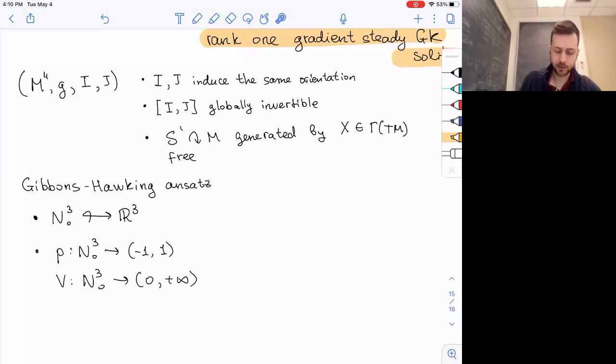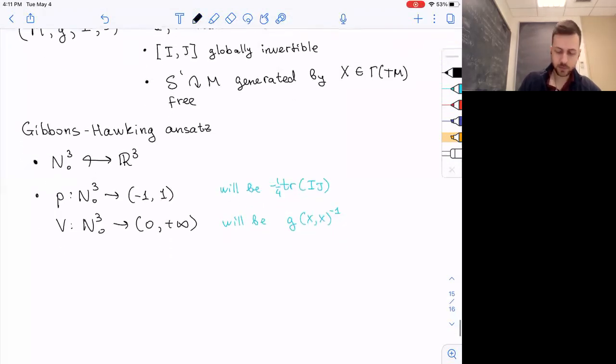P will be the angle function, minus 1/4 trace of IJ. And V will be the inverse norm squared of the vector field X. And for the construction to work, they have to satisfy the compatibility conditions.